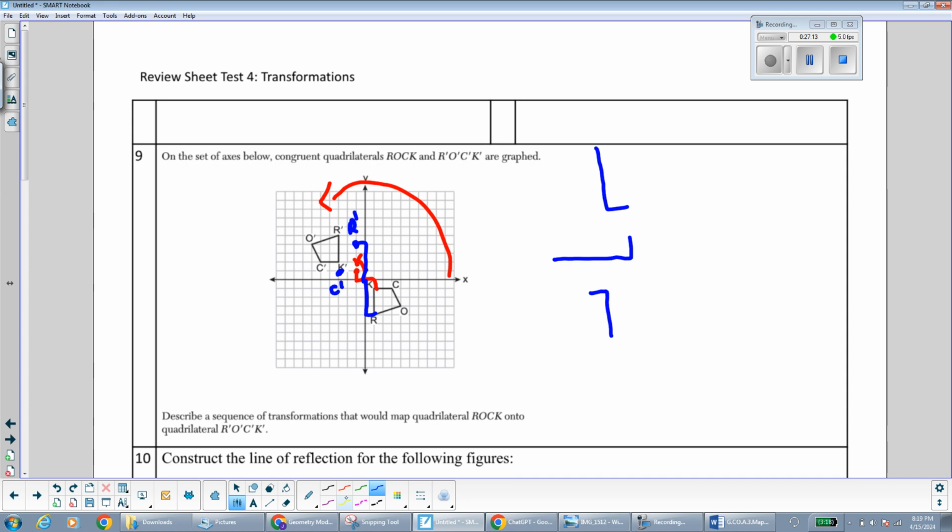And finally, O prime. 1, 2, 3, 4 over and 3 up.